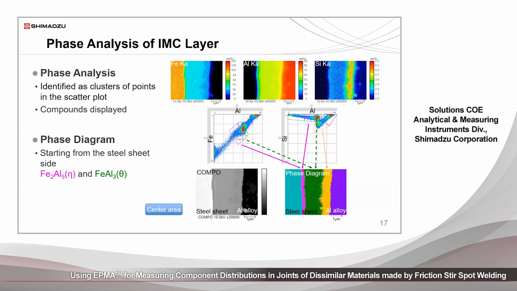Note that in Fe2Al5, the iron atomic ratio is 40% versus the FeAl3 theta compound, where the iron atomic ratio is 33%. The aluminum silicon scatter plot was used to fill out the rest of the regions in the IMC layer.